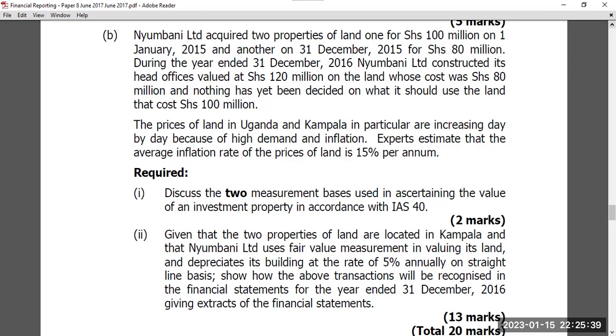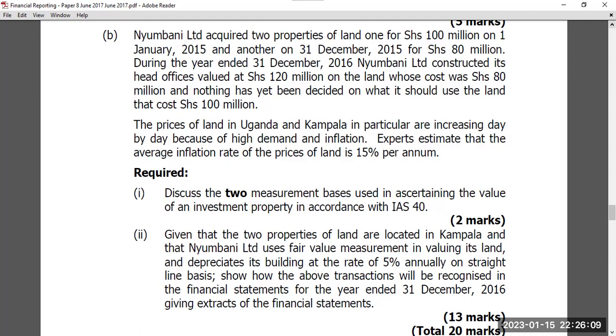And the reason is simple, because all of it is going to be used as head office, or they are going to be constructing an administrative block, which brings a very nice property of IAS 16, that is PPE.